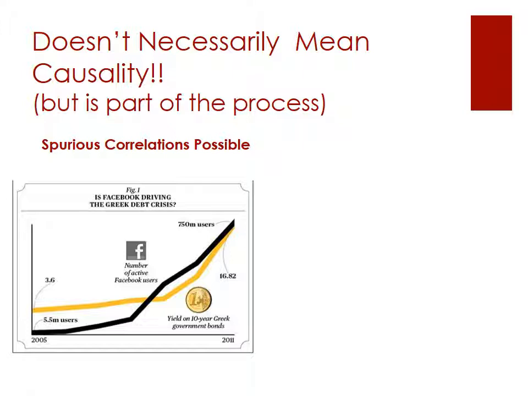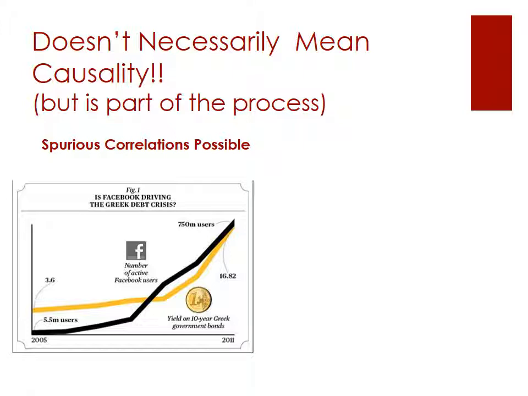So if you were plotting these two data pieces together, you'd be like, oh, well, as the number of Facebook active users goes up, that also produces a Greek debt crisis. So that would be a spurious correlation, and indeed, even saying that there's a relationship between the two would be spurious. So we need to be very careful when we're linking two variables: just having any two things where as one changes, the other changes is not necessarily evidence of an effect.